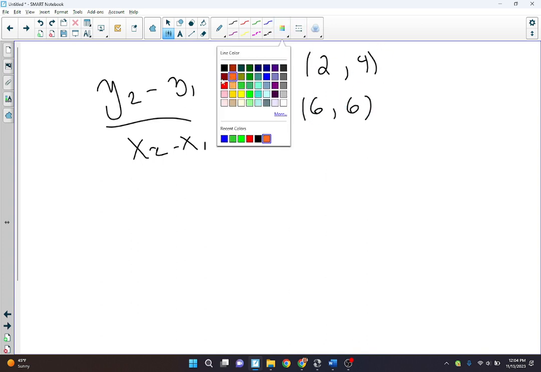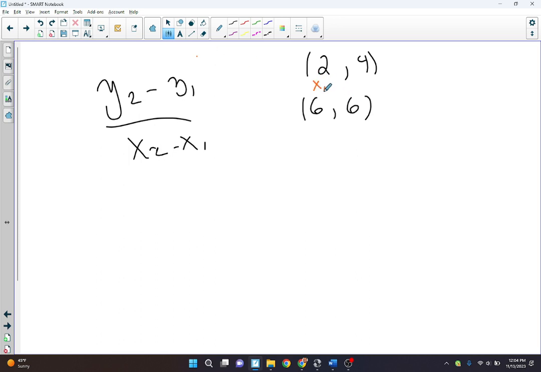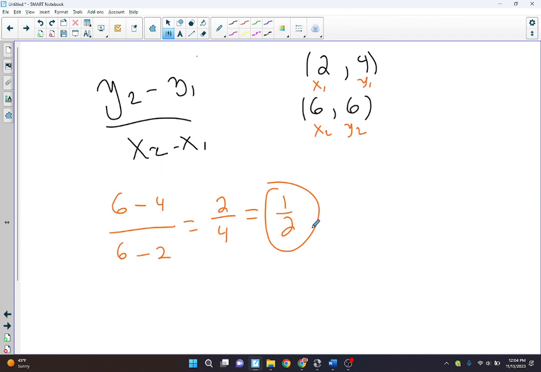Always label. It makes your life easier. So x1, y1, x2, y2. So it's 6 minus 4. Y2 is 6. Y1 is 4. X2 is 6, minus 2. You get 2 over 4, which is 1/2. Always simplify your slopes. Once again, always simplify your slopes.